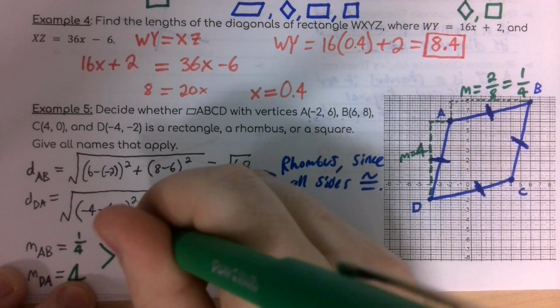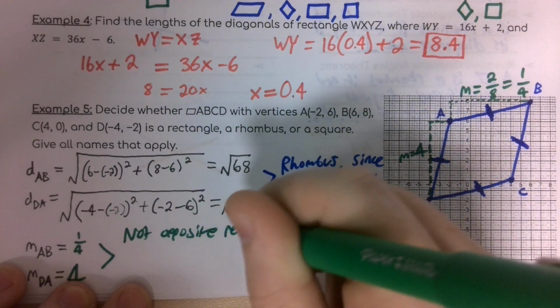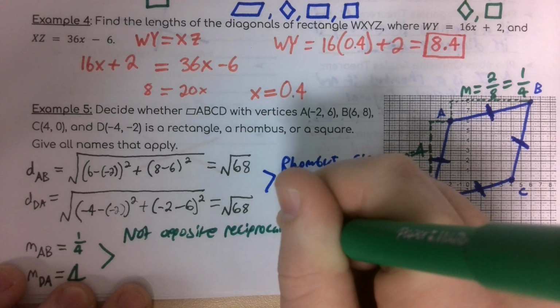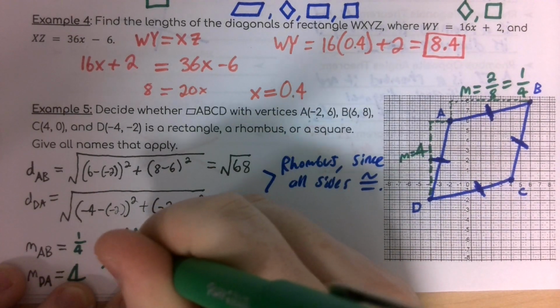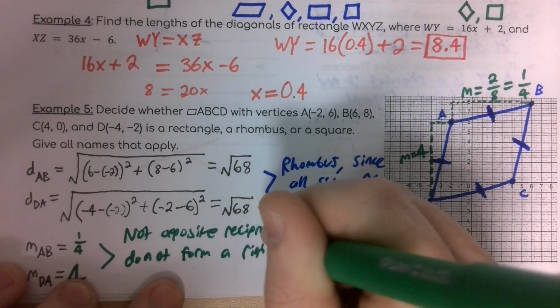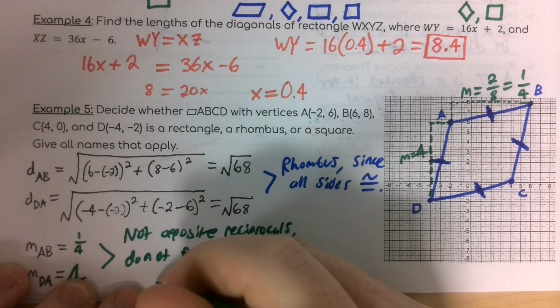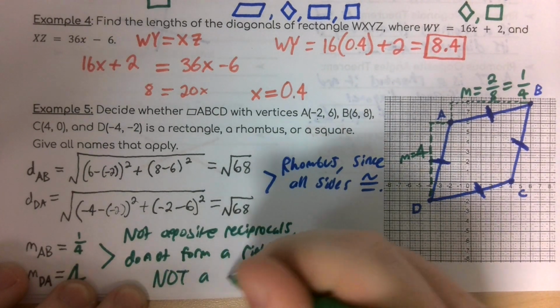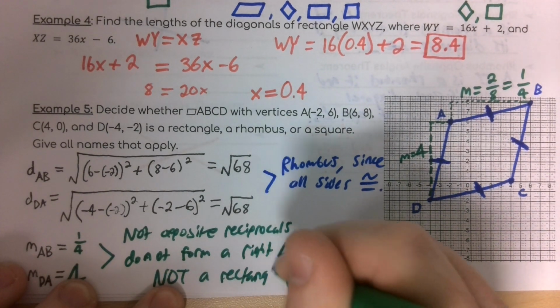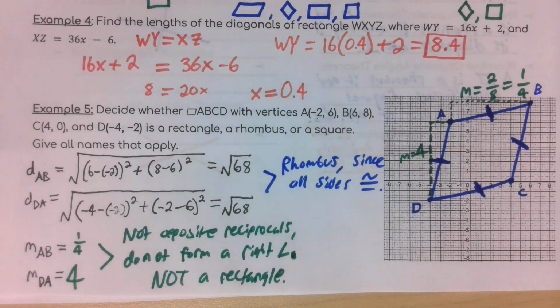Because they're not opposite reciprocals, they do not form a right angle. Therefore, not a rectangle. Very nice.